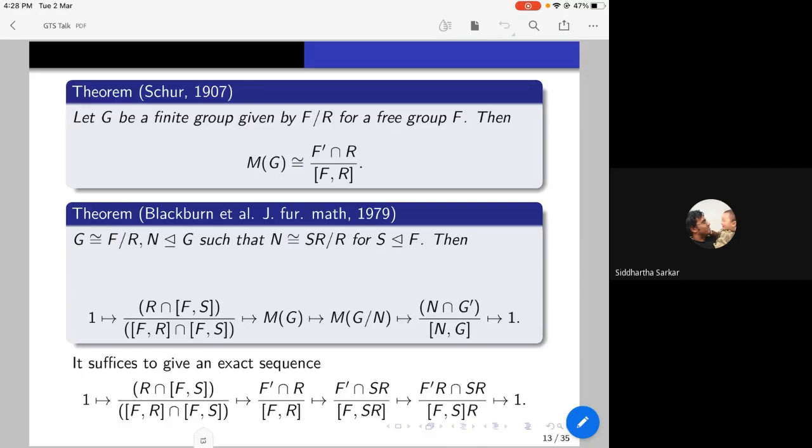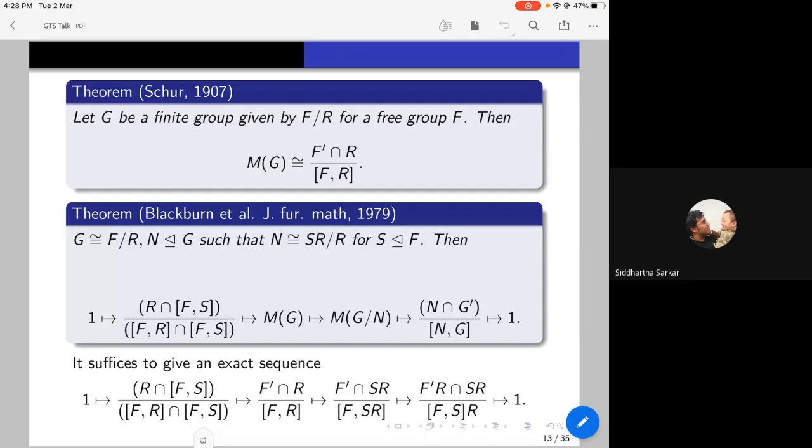So this is (F' ∩ SR)/[F,SR]. And then one can see that (N ∩ G')/[N,G] comes out to be isomorphic to (F' ∩ SR)/... over [F,SR]. If you look closely, there are natural maps between these terms, which give the exactness of the sequence.